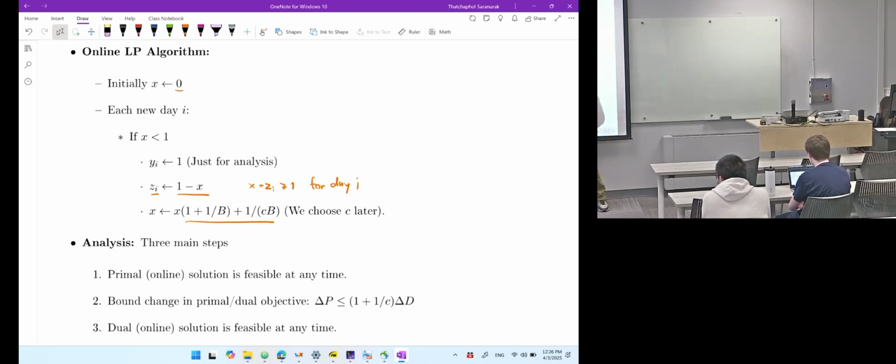We bound the cost of primal using the cost of dual. And then we say that the dual solution is feasible. Sorry, here I mean delta P: the increase in the cost of primal is bounded by the increase of the cost of dual with some factor at any time. So that's the plan.